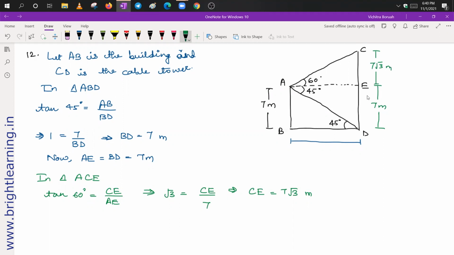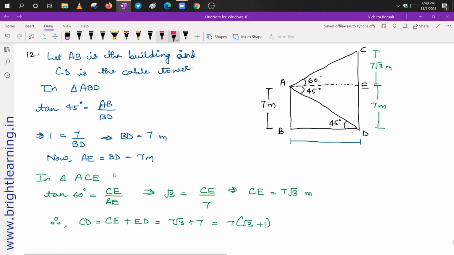So to find the height of this whole tower, we just have to add these two values. Therefore CD is equal to CE plus ED, that is 7 root 3 plus 7. Taking 7 common, you can write 7 into root 3 plus 1.